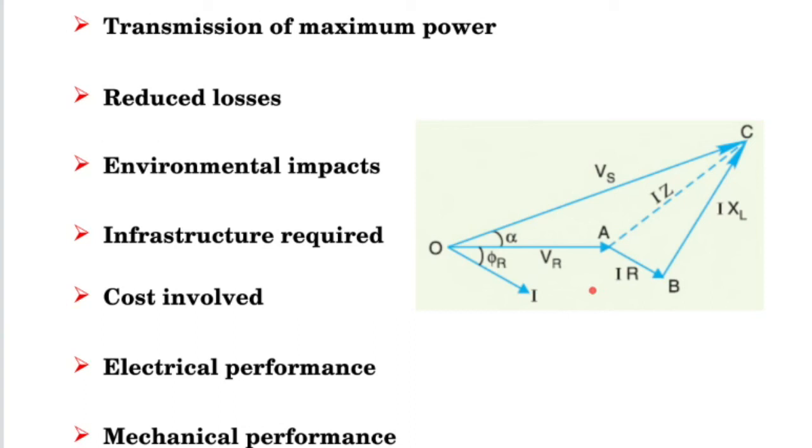When the power factor is 1, that's why we call it unity power factor. In what condition? What can make the power factor to be 1.0?